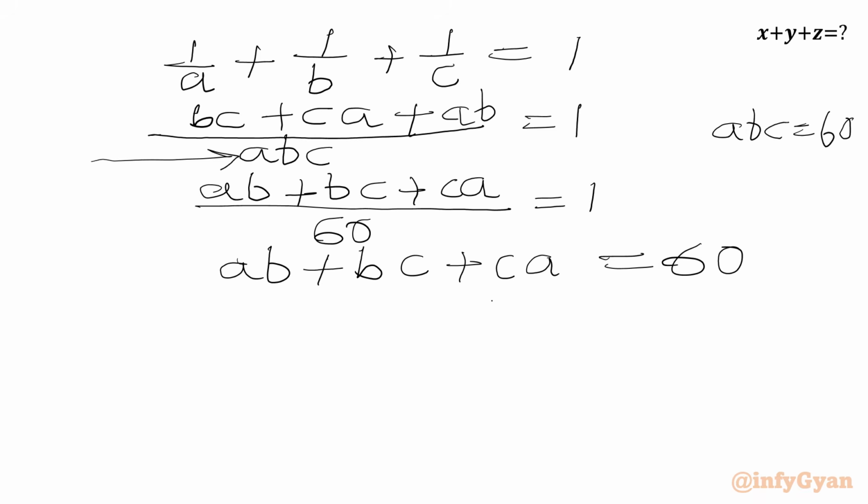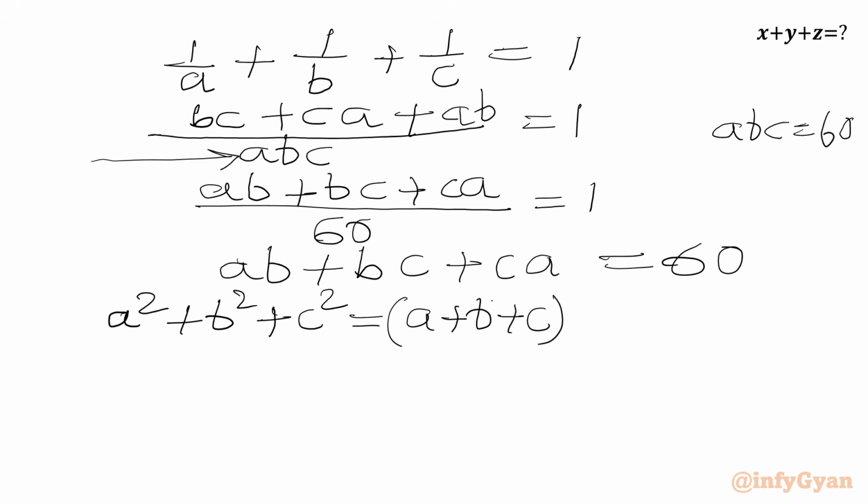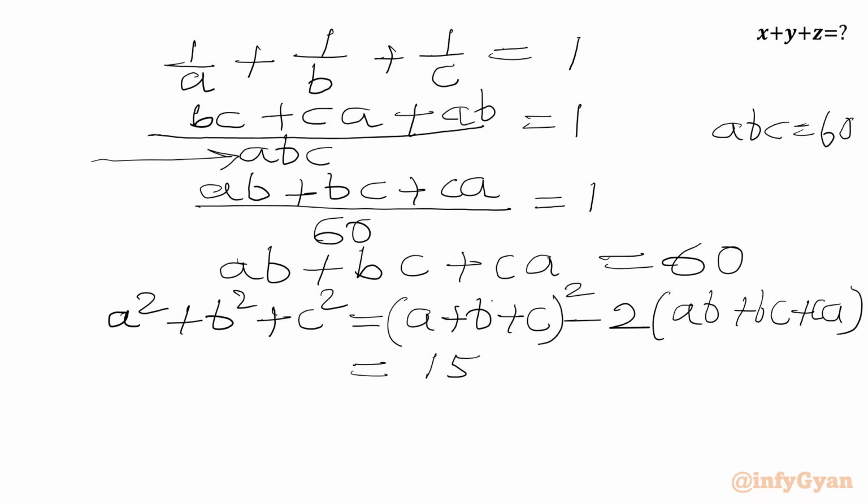Now we have A plus B plus C also. So we can find out A square plus B square plus C square, which will be equal to A plus B plus C whole square minus 2 times AB plus BC plus CA. Now A plus B plus C is 15. I will write here 15 square minus 2 times AB plus BC plus CA, here it is 60.